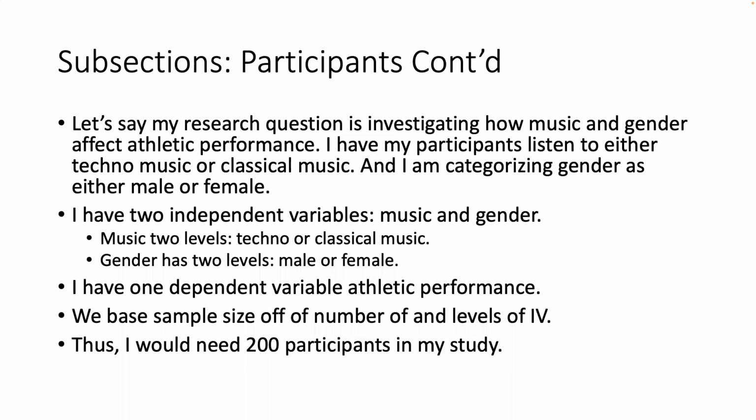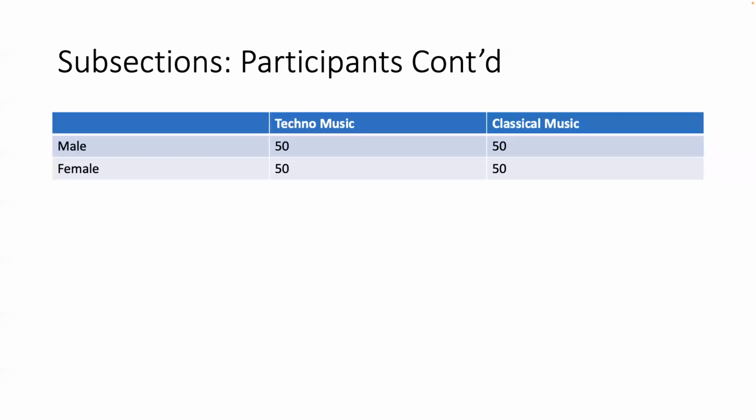So in this study, I wouldn't need 100 participants. I would need 200 participants. So just so you can see, this is one level, male and female, and then this is another level, techno music or classical music. For the males, I would have 50 males in the techno music condition, 50 males in the classical music condition. Then I'd have 50 females in the techno music condition and 50 females in the classical music condition.